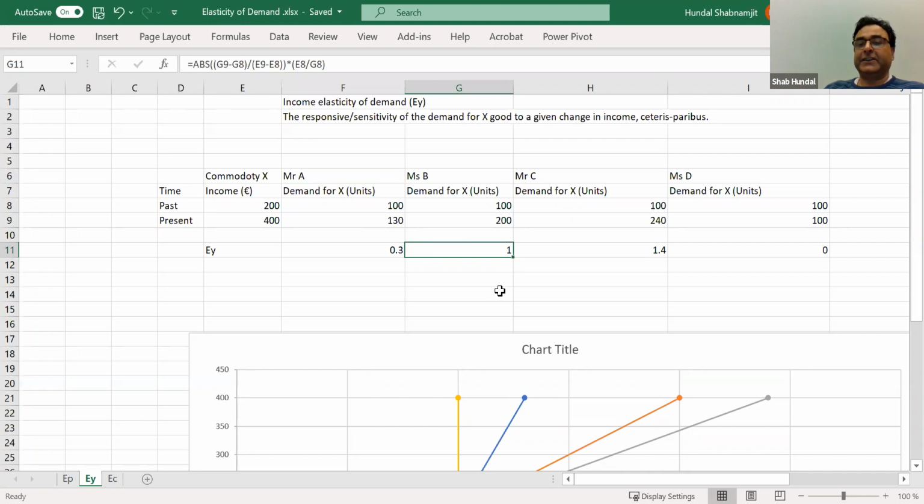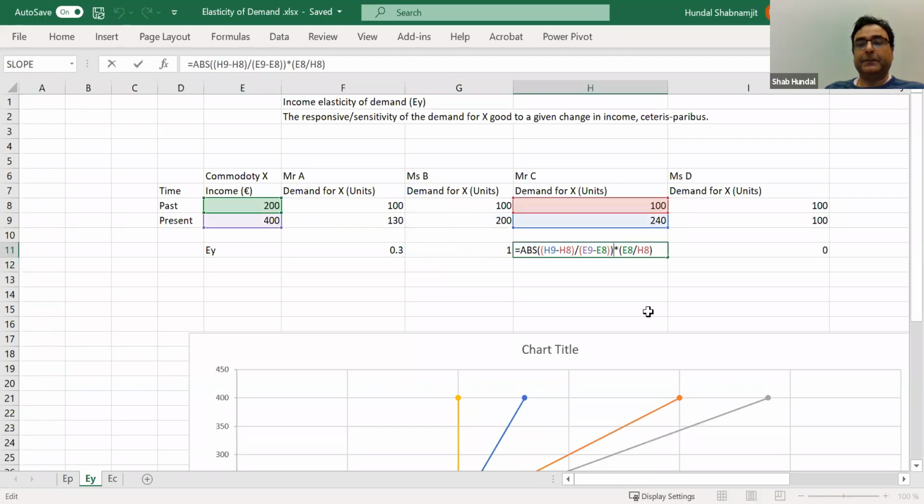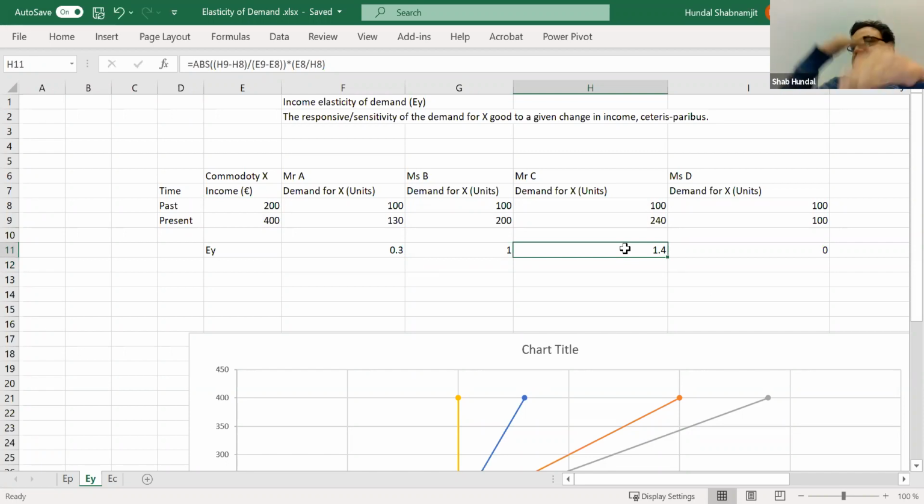For Mr. B, it's interesting. Your income doubles, your consumption doubles, and you find that the coefficient is equal to 1, 100%. And here for Mr. C is an even more interesting case. Your income doubles, but your consumption more than doubles. Same way, if income is halved, your consumption is reduced to less than half.